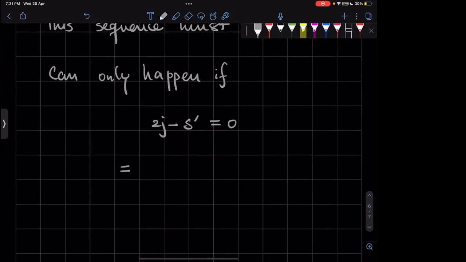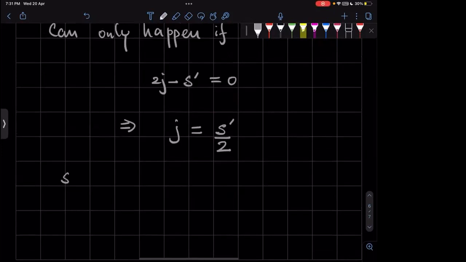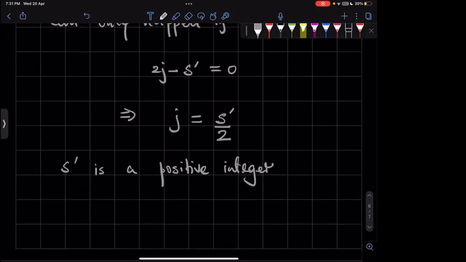That means that J has to be a half of that integer where this happens. Okay. So S prime is a positive integer, right? Because it's just counting the number of steps we have to take to get to the 0, the annihilation point of the lowest state. And so S prime is a positive integer.